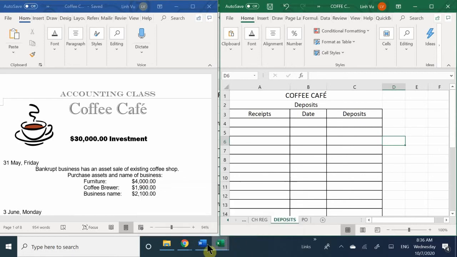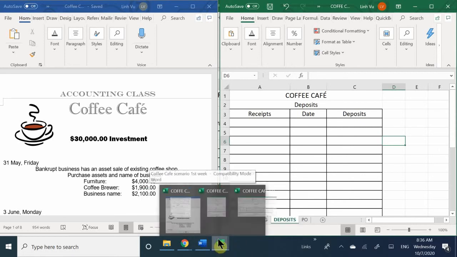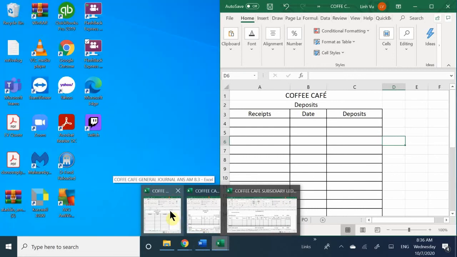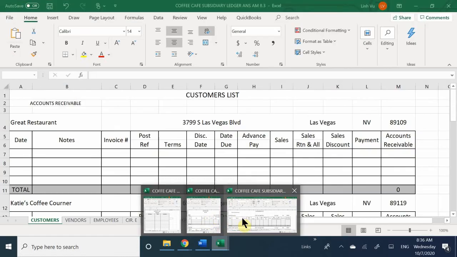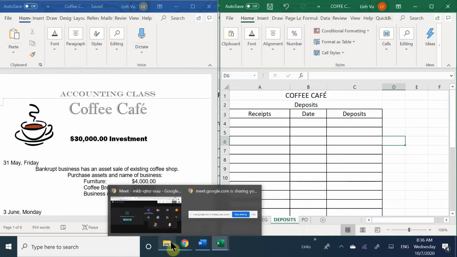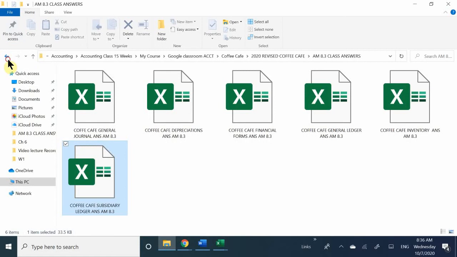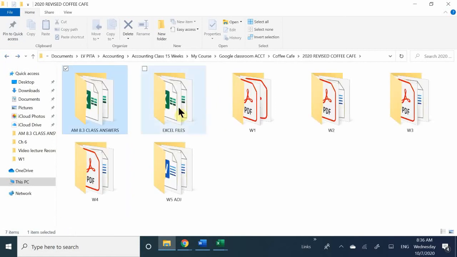Okay. Sorry, can you repeat again the one on the Excel? The Excel, I just need you to pull up your general journal workbook, your general ledger workbook, and your subsidiary ledger workbook. So for Excel, only 3 files. For Word or the proper papers, you're going to be looking at a lot.